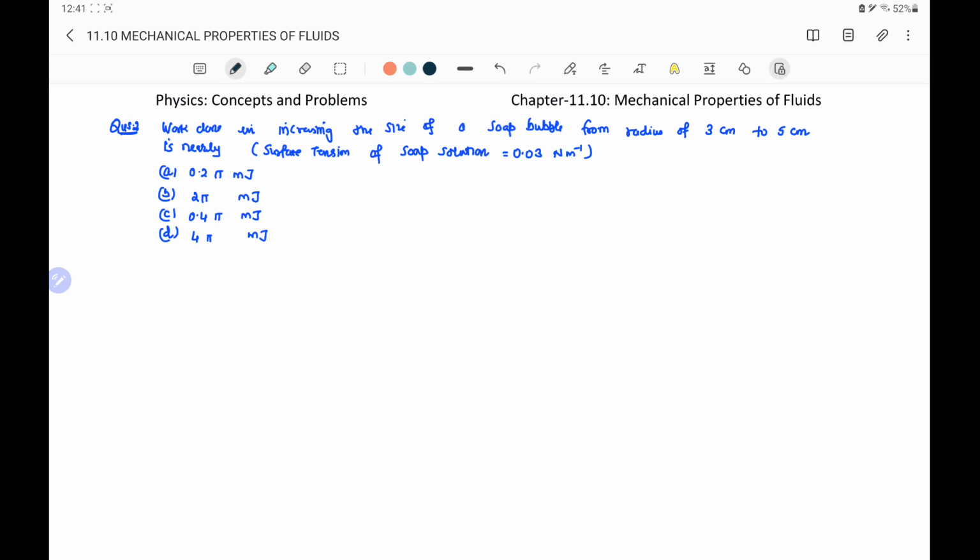Next question is, work done in increasing the size of a soap bubble from the radius of 3 cm to 5 cm is nearly, given surface tension of soap solution is 0.03 Newton per meter. We know that surface tension is equal to work done per unit area, and because a bubble has two interfaces, there will be twice the area of the single surface.